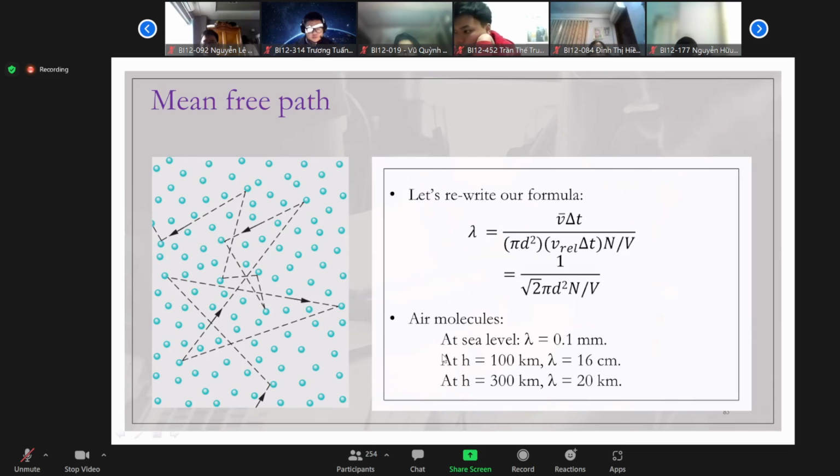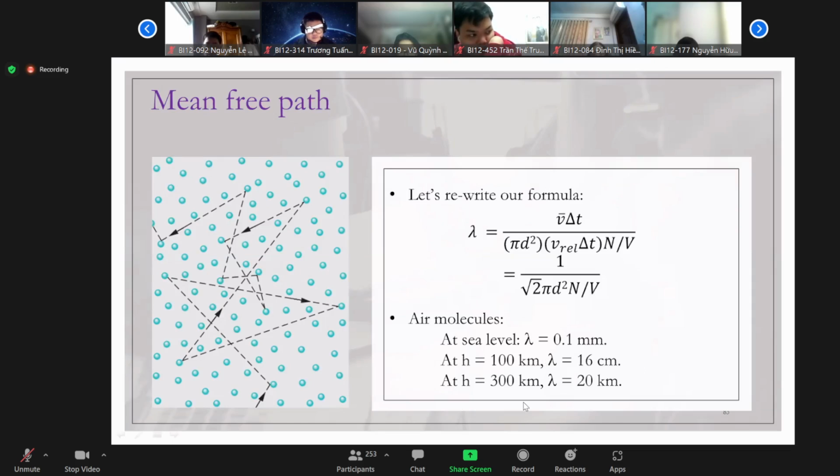At a very high height, then we see that the mean free path, I mean the distance that the molecule can travel before colliding with another molecule, is becoming bigger.